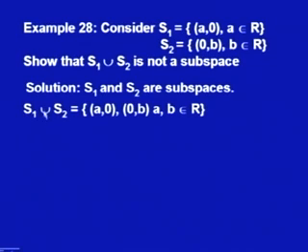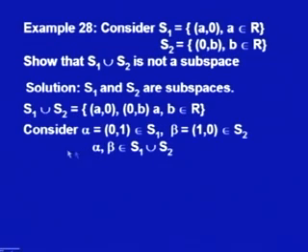Let us consider what is S1 union S2. S1 union S2 is all vectors which are either of the form A comma 0 or of the form 0 comma B, and A, B belong to R.